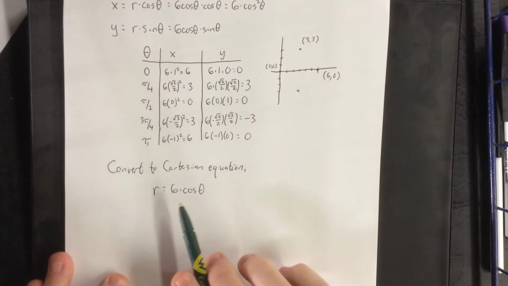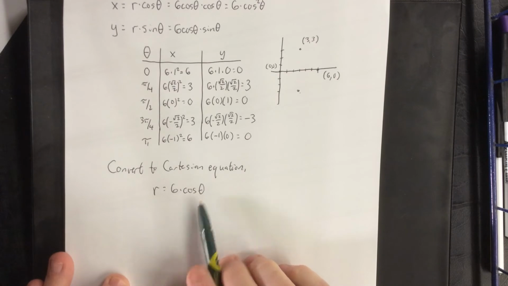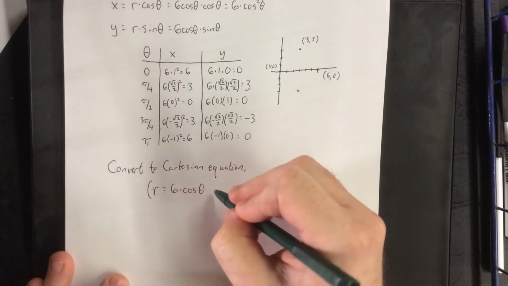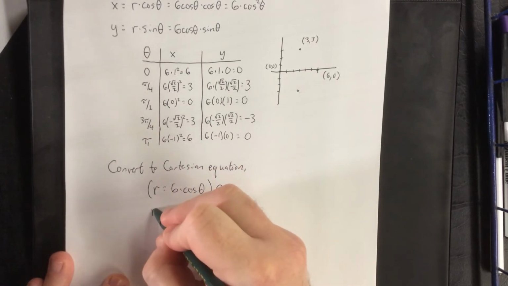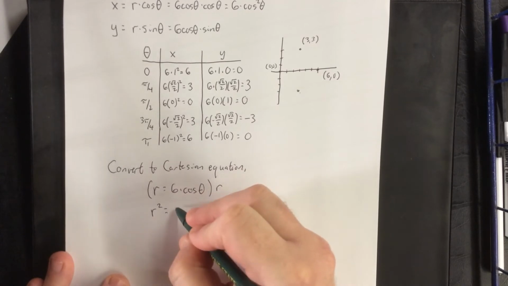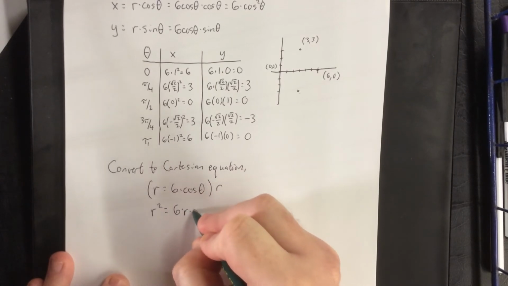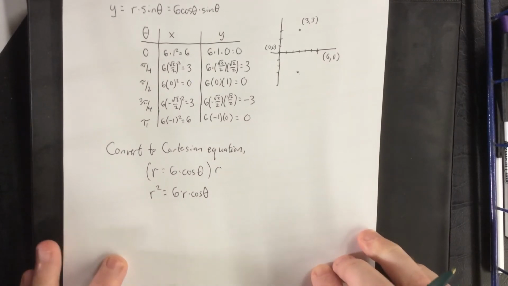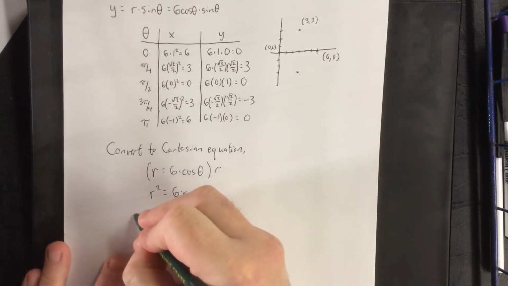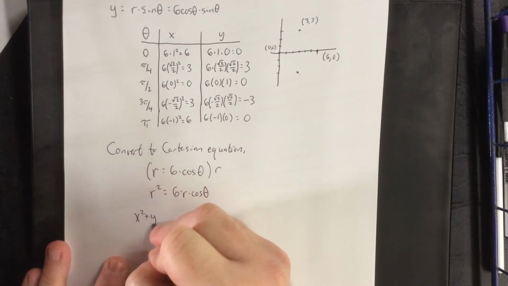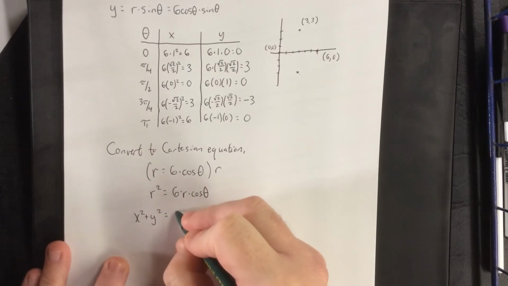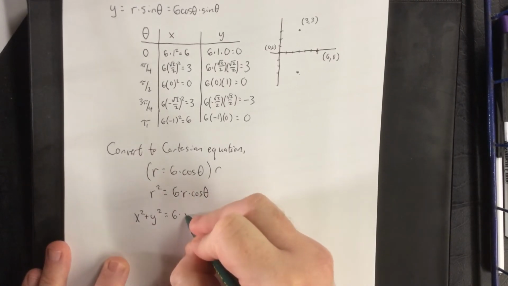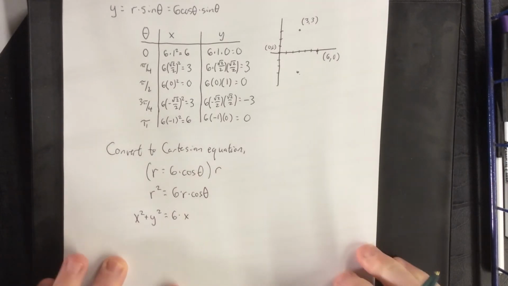Now we do have a conversion if we have r times the cosine of theta, so I'm going to start by multiplying both sides by r. The left-hand side becomes r squared, the right-hand side becomes 6 times r times the cosine of theta. We now have a conversion for r squared into Cartesian. That would be x squared plus y squared. And r times the cosine of theta would become x. 6 would stay as 6.